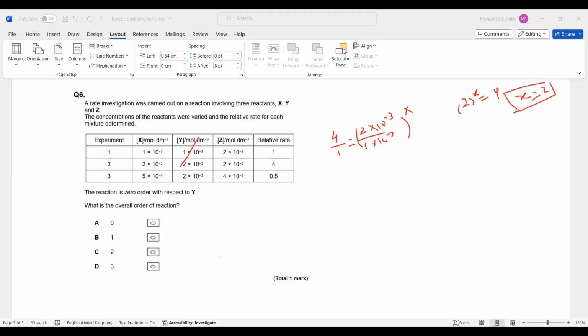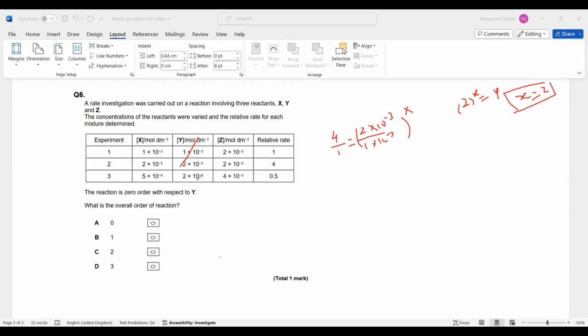Now we need to find out the other one, which is z. In relation to z, if we look at the different rows, we will not find two rows where there is a fixed value for the other reactant that we can use.